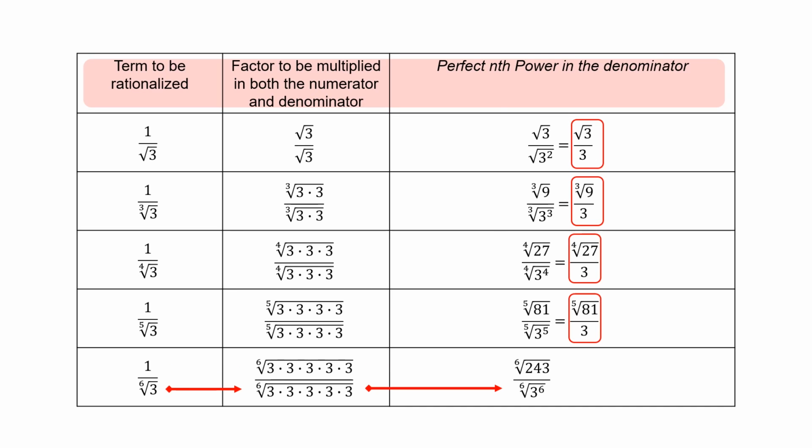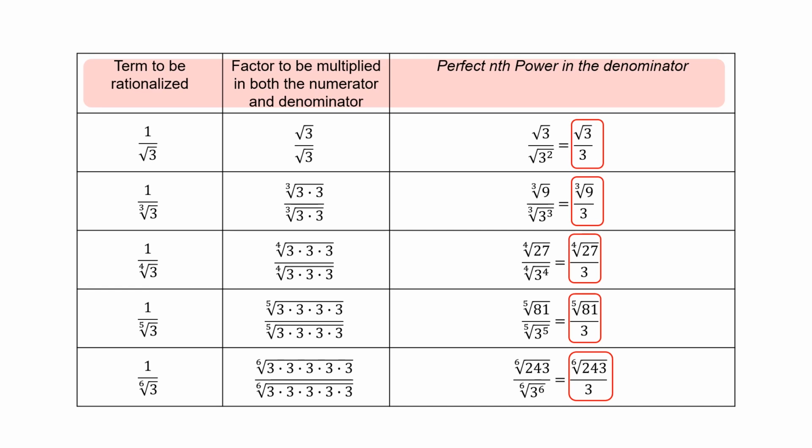At sa denominator naman, the 6th root of 3 times the 6th root of 3 times 3 times 3 times 3 times 3, which is equal to the 6th root of 3 raised to the 6th power. So, simplifying this further, we have the 6th root of 243 all over 3. And this is its simplest form kasi wala na tayong radical sa denominator.